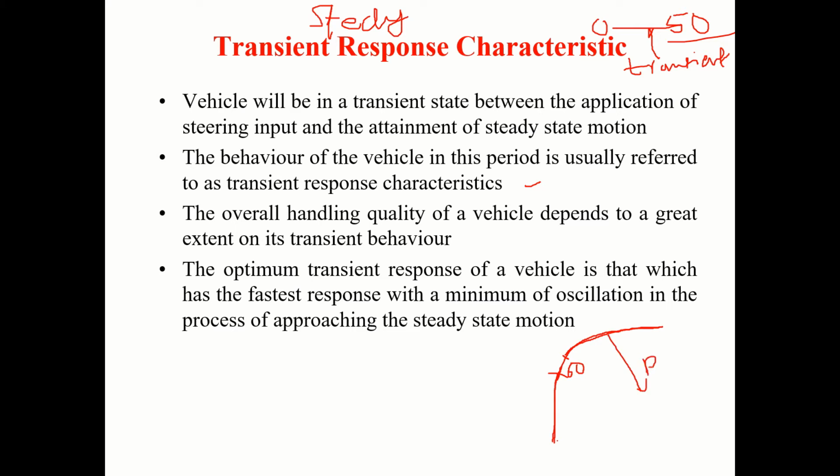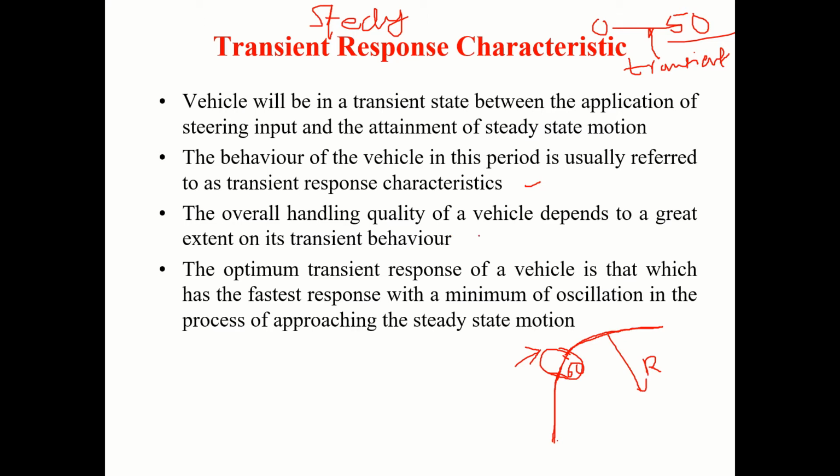That is steady state. But in this region, I was at high speed, I lowered down. That is what the transient business is. Correct? And I'll give a steering input also here. The vehicle will be in a transient state between the application of steering input here and the attainment of steady state motion. Okay, fine. The behavior of the vehicle in this period is usually referred to as transient response characteristic.